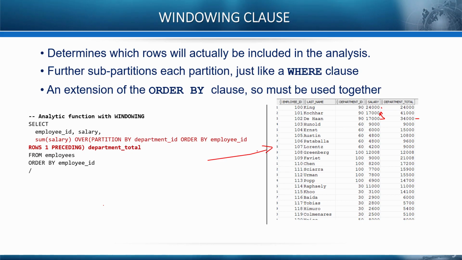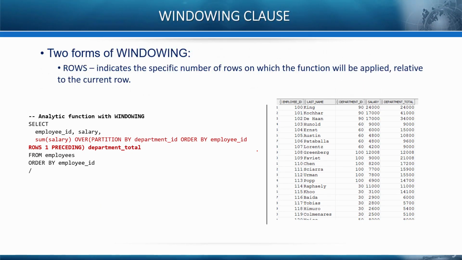The windowing clause has two forms. The first form is rows, which indicates the specific number of rows on which the analytic function will be applied relative to the current row. That is, the number of rows to be included in the computation. This is what we did in the previous example, where we said it should only take the current row and one preceding row.